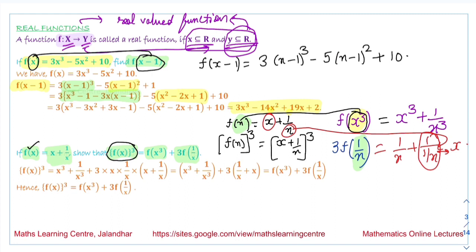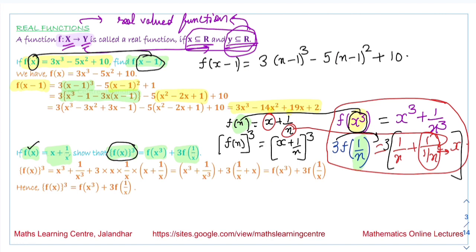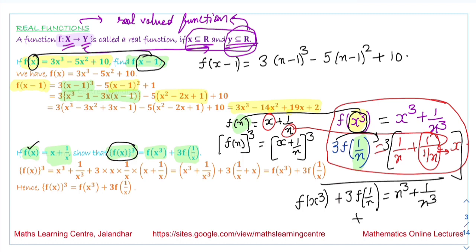Now 3 is multiplied over here. So when we add both these terms, we get f(x cube) plus 3 times f(1 by x) equal to x cube plus 1 by x cube plus 3 times (x plus 1 by x).